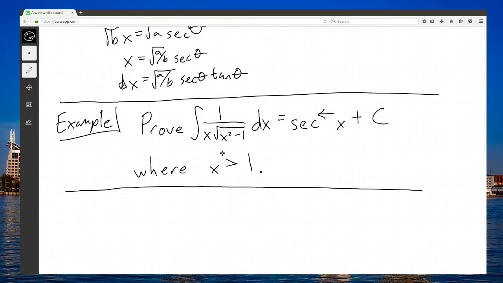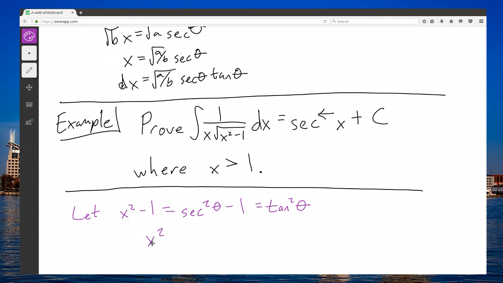If we want to do this, we have our x squared minus 1 term that we need to eliminate. So we'll let x squared minus 1 become secant squared theta minus 1, and that's tangent squared of theta.